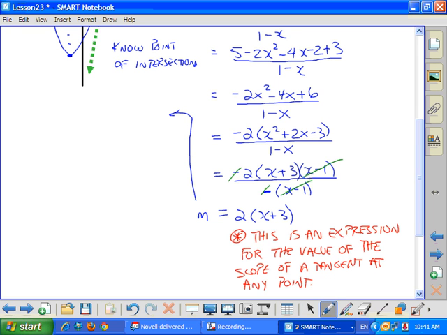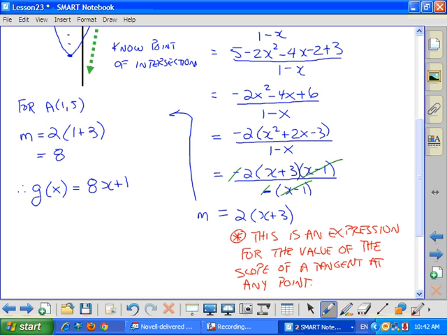So I'm going to move over here. Now we're only interested in point A. So slope will equal 2 times the 1 plus 3. But I could find the slope at any point on the parabola, technically. So my slope is 8. Therefore, my equation of a tangent is y equals 8x plus b.